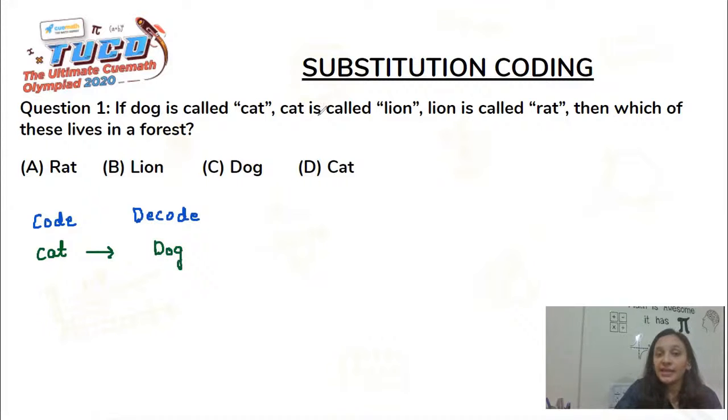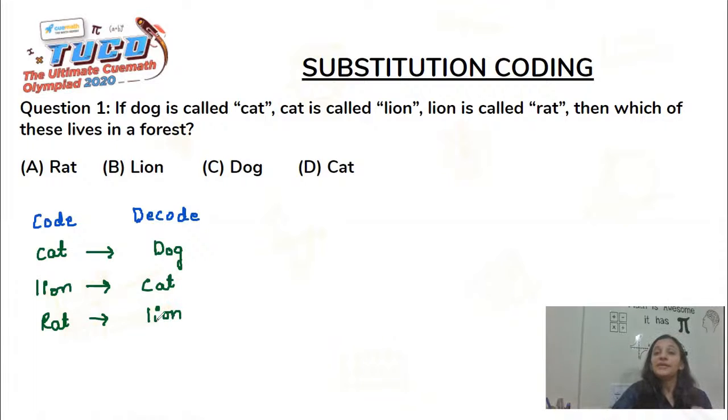Next says cat is called lion. That is the code word for cat is lion. That means lion is the code word for cat. Then we have lion is called rat. The code for lion is rat. So I write here rat, which is the code word for lion. So that's it. That's all that we had in the question.